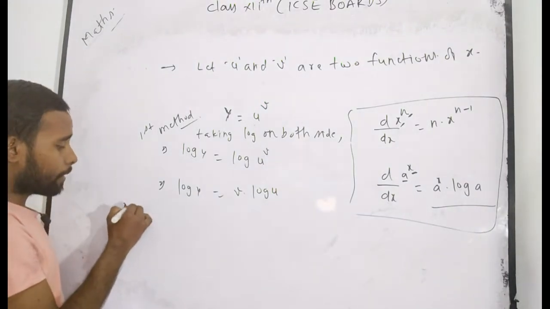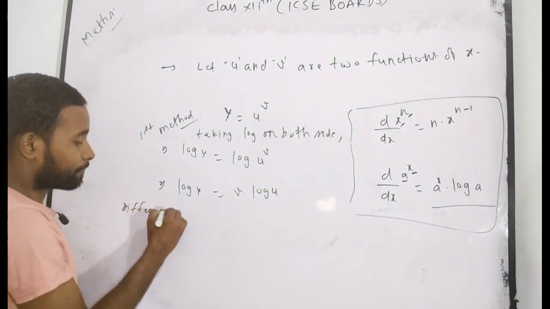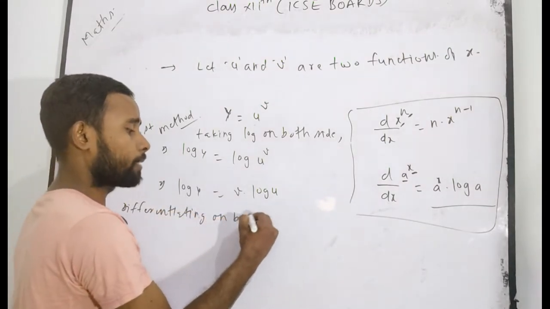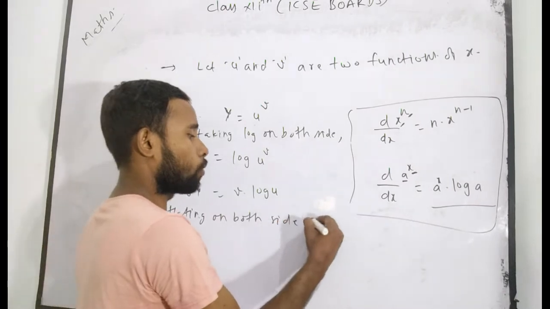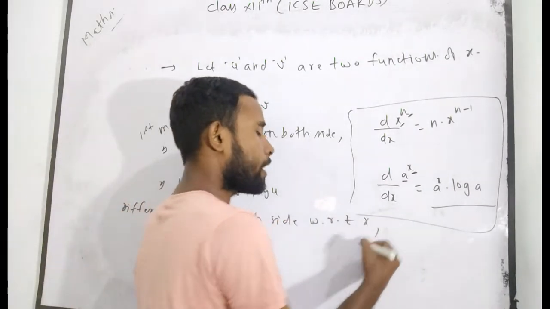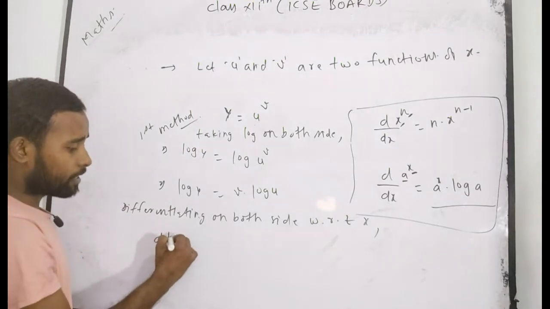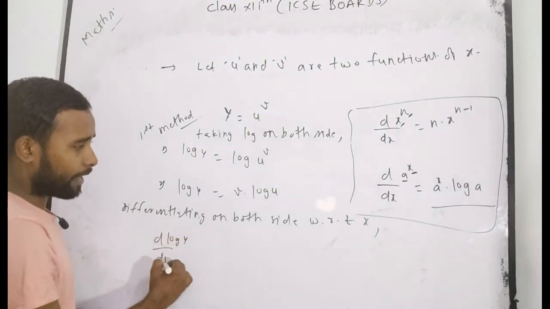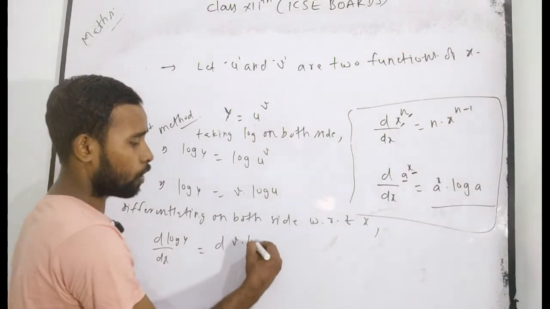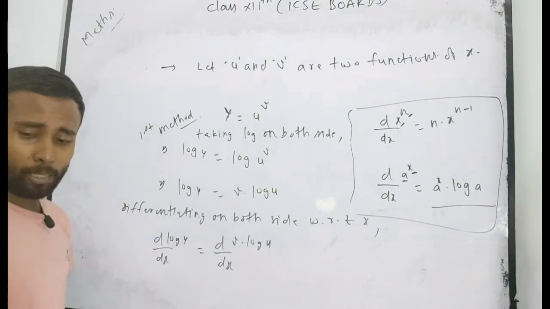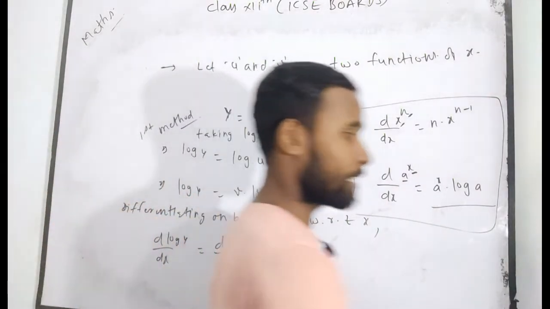Differentiating on both sides with respect to x, you will get the derivative of log y with respect to x, which will be the derivative of v times log u with respect to x. As you know, log y cannot be differentiated with respect to x directly.